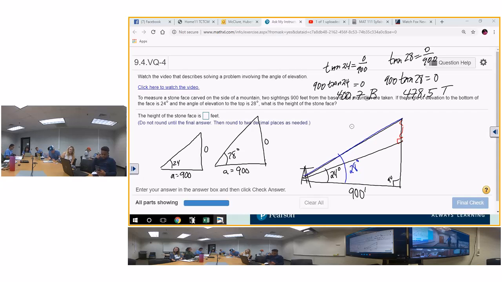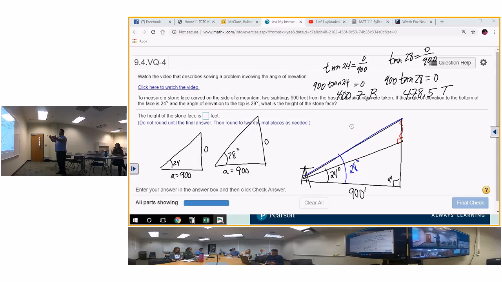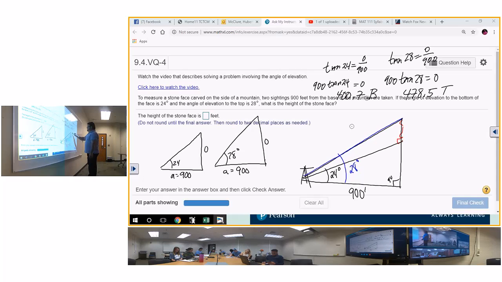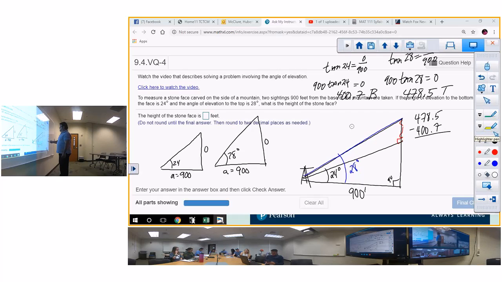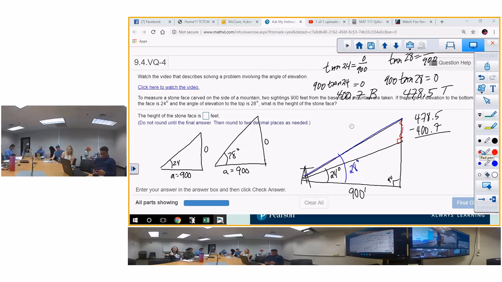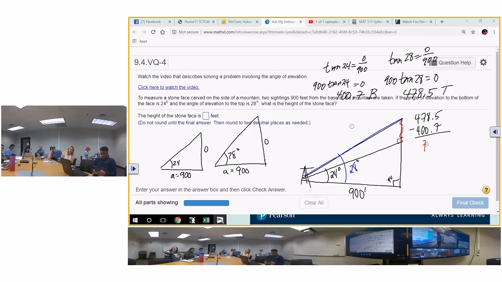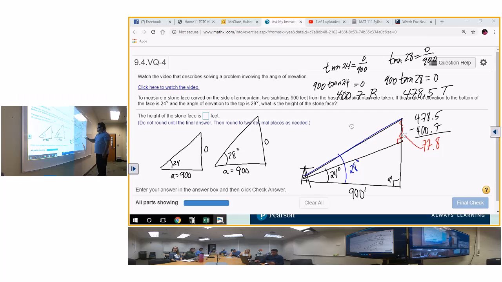Okay, now what do you need to do if you want to find the distance of the red? You subtract them. So 478.5 minus 400.7. Somebody tell me what that is. 77.8. 77.8 is your distance.